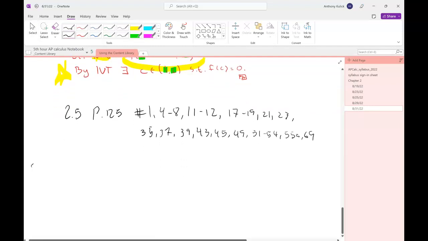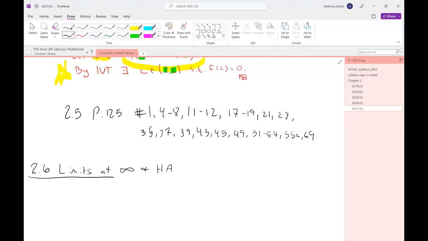All right, 2.6 then. This is limits at infinity and horizontal asymptotes.